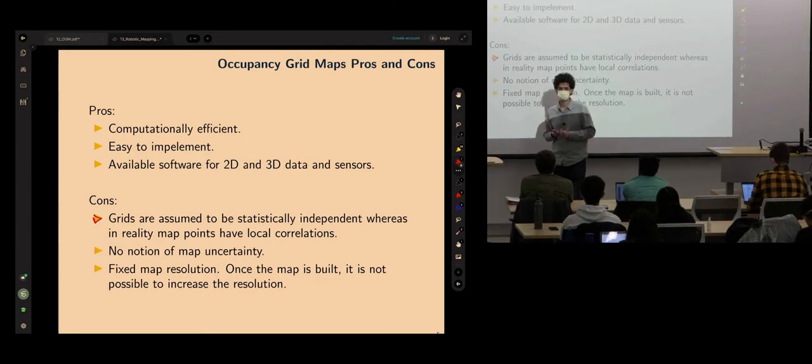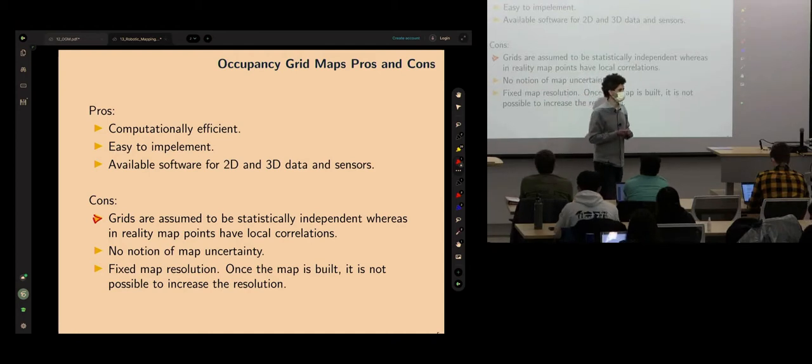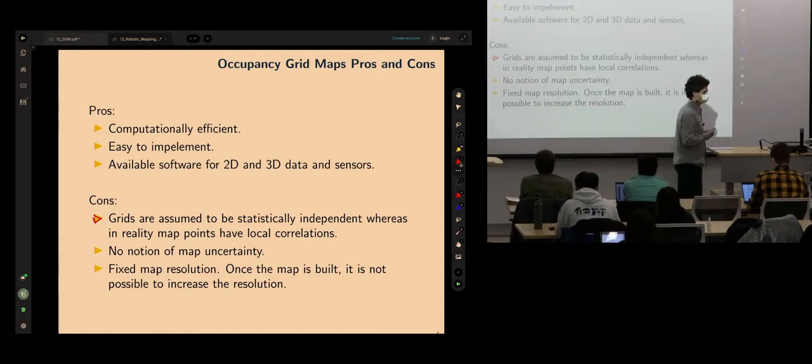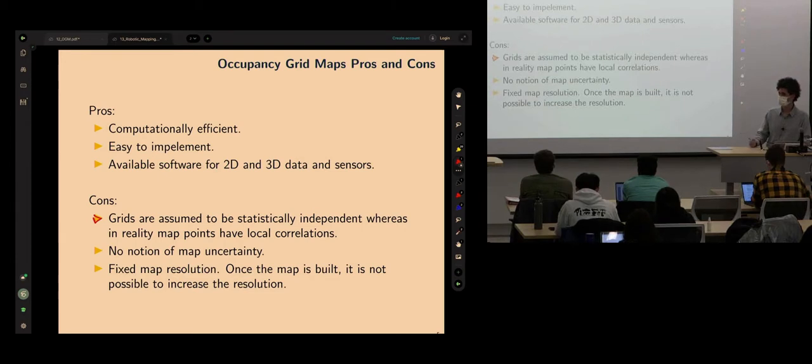That can be exploration, that can be deciding where to complete the map, and it could be the application, something like that highway example. Maybe you're tracking a local map to track objects and you want to make decisions based on that. So decision making based on the mean is a bad idea. It's unreliable.